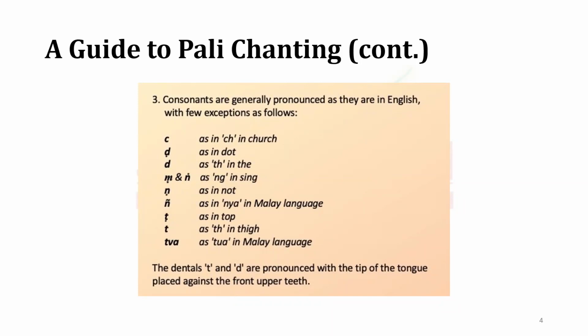T with the dot as in top, T normal as in Thai. TVA we pronounce as tua in Malay language. Bodhisattva is bodhisattva, that's why we say bodhisattva. In Pali it is called bodhisattva, but we get used to it. Most of the time we use the Sanskrit word.